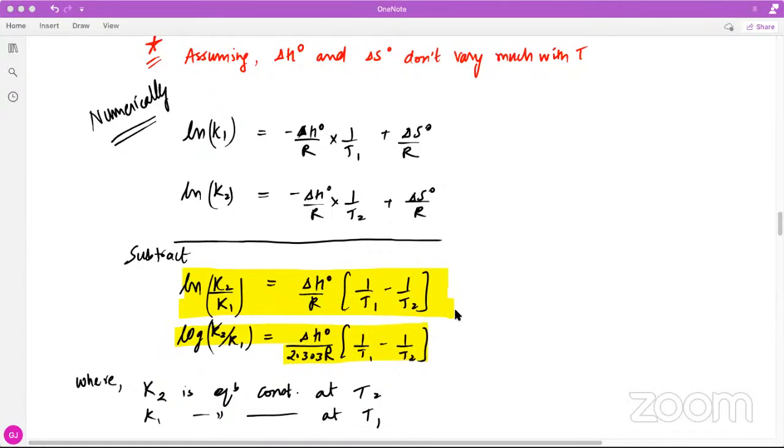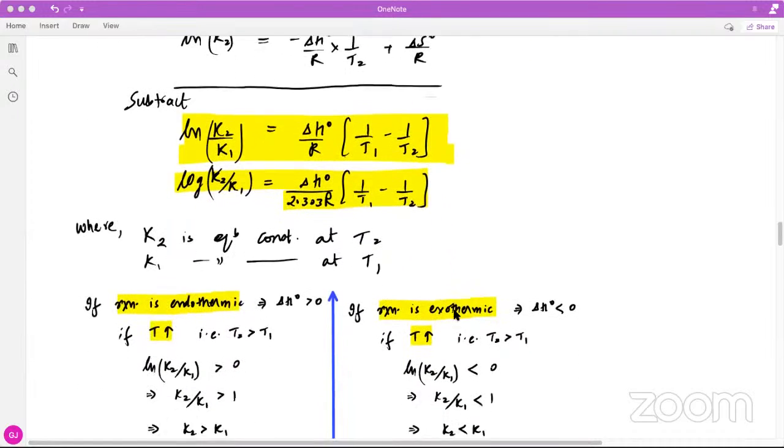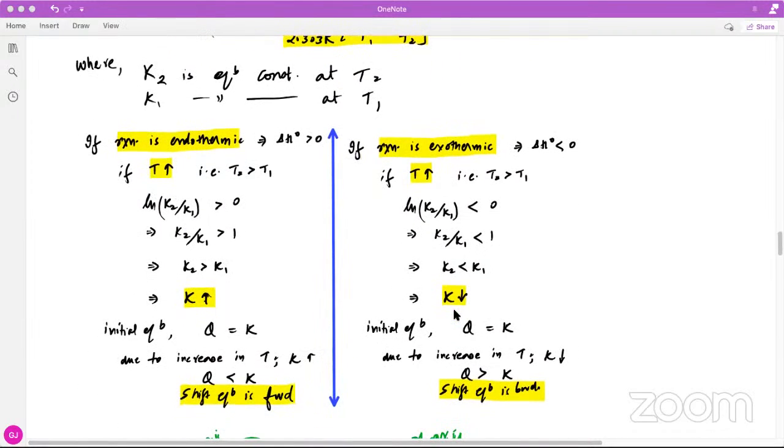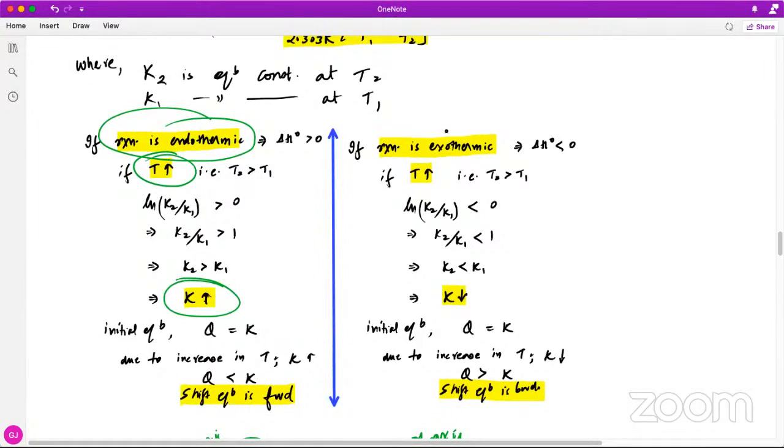So okay, now you can judge depending upon the sign of delta H what would happen to K if the temperature is increased. तो शॉर्ट स्टोरी जो मैंने आपको बताया था वो यही था, that एंडोथर्मिक रिएक्शन है तो टेम्परेचर बढ़ाने पर K बढ़ जाएगा. एक्सोथर्मिक है तो टेम्परेचर बढ़ाने पर K कम हो जाएगा, राइट?